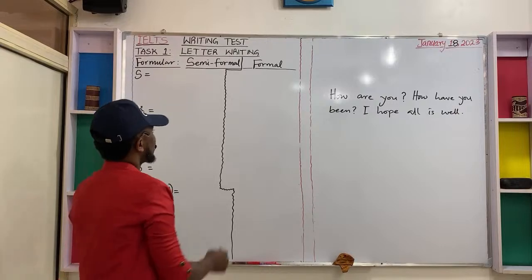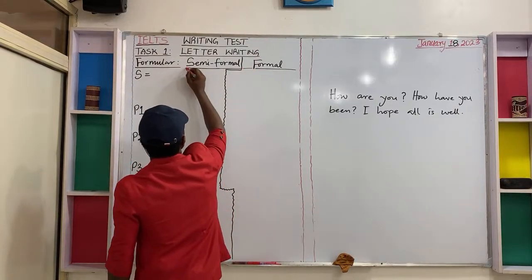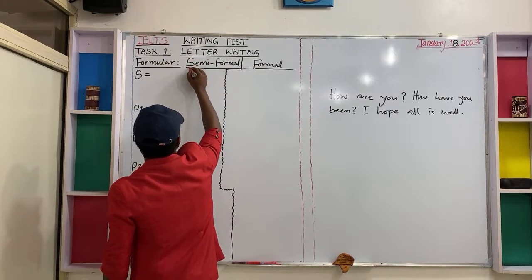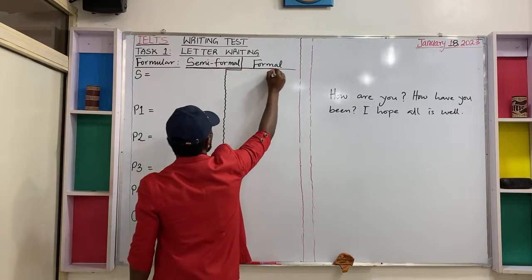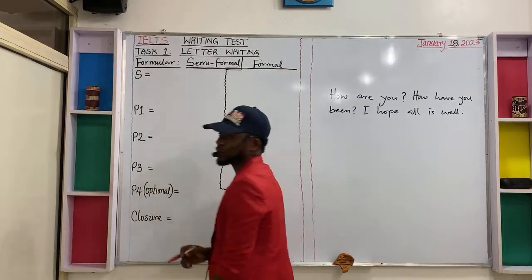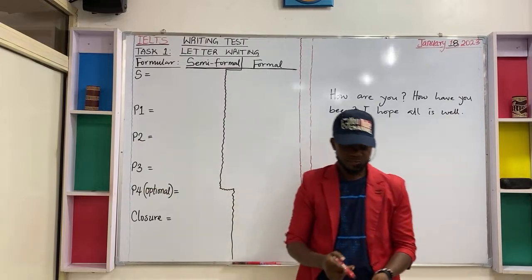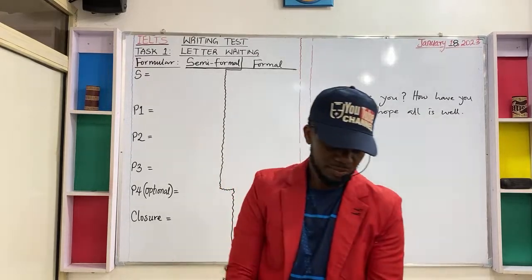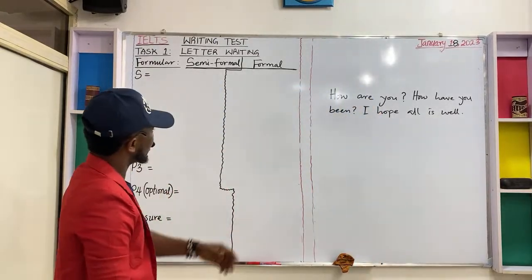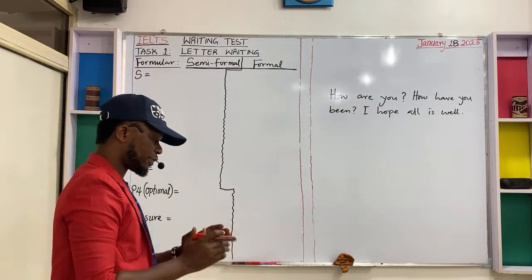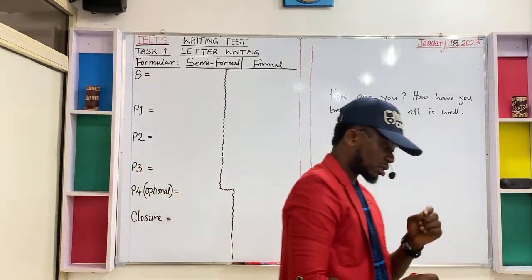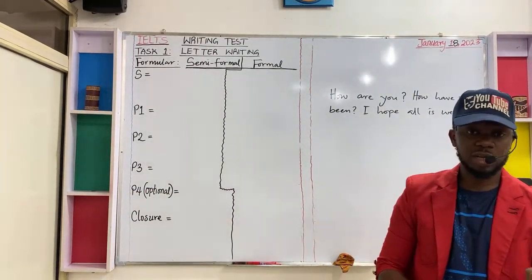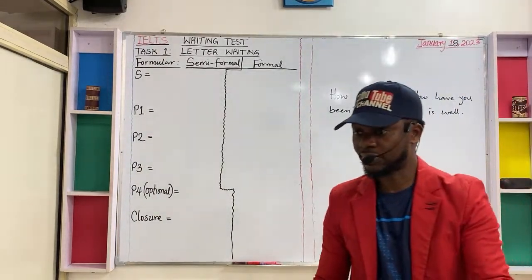Okay, so let's look at the formal letters and the semi-formal letters. They are very similar, right? So I'm going to juggle the two together. Now, what's the difference between the semi-formal letters and the formal letters? First, formal letters are letters that are meant to be official. They are letters you write straight to someone occupying an official position that you have no relationship with, right?